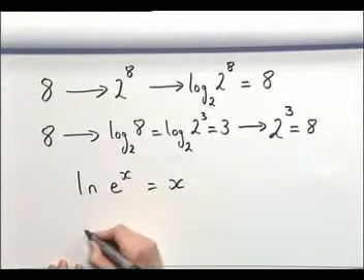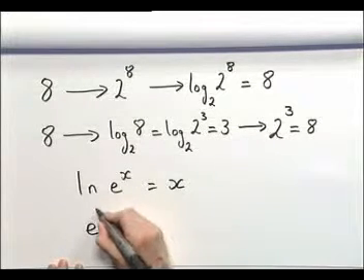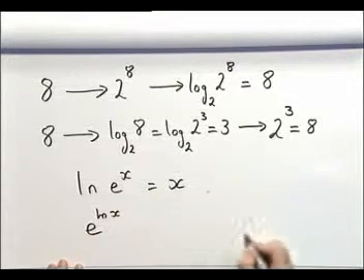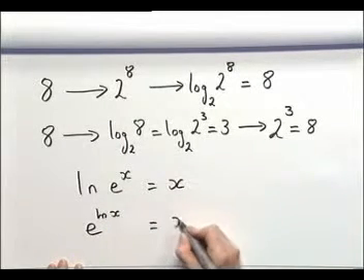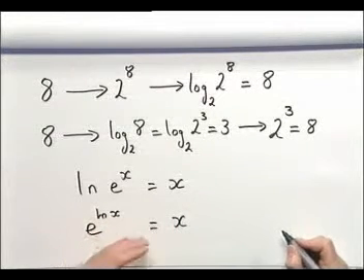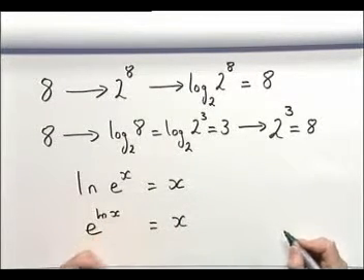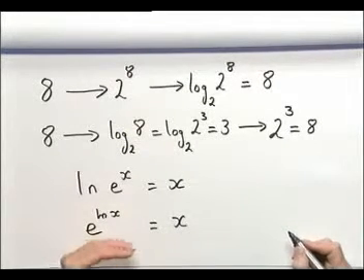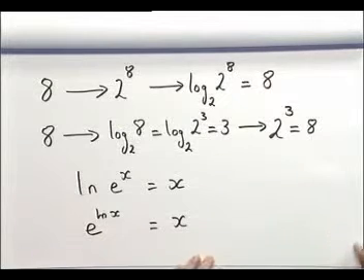Similarly, if I have e raised to the power the log of x, this is again x. Because I've used these two processes in combination, they're inverse operations, so they must undo what the other one has done.